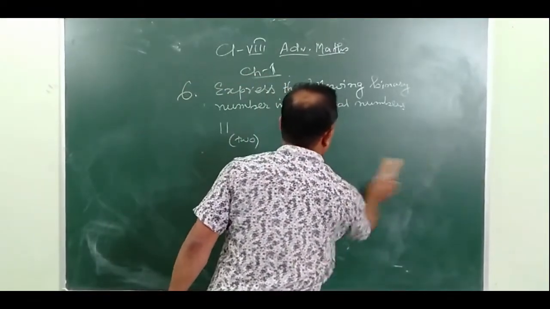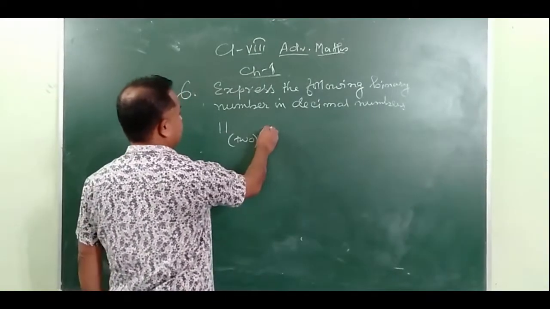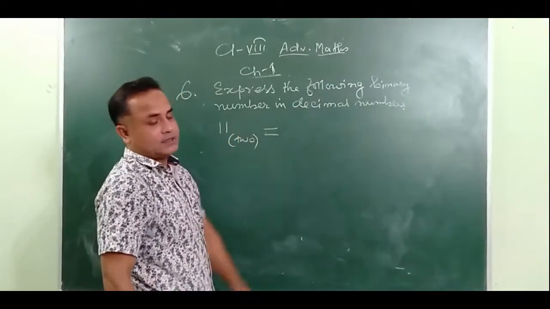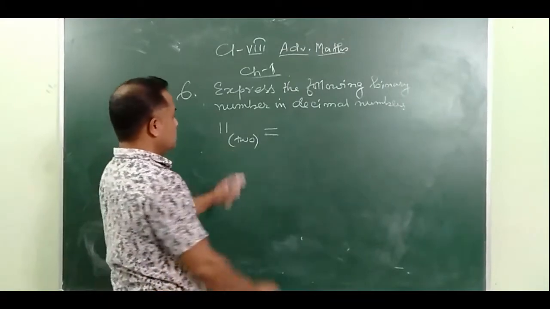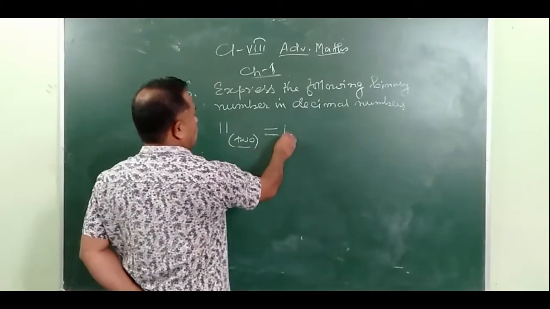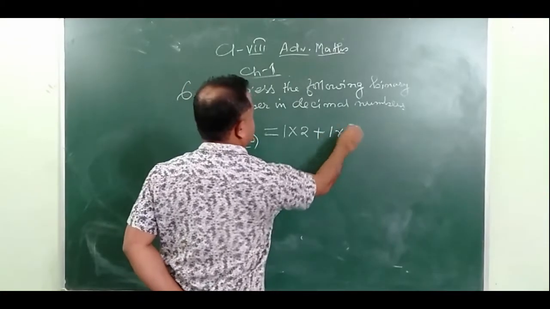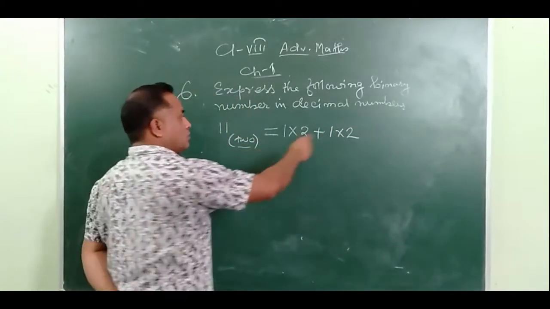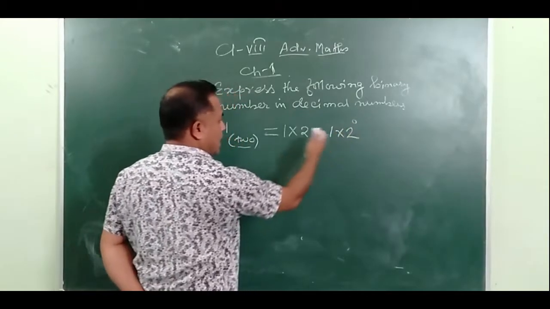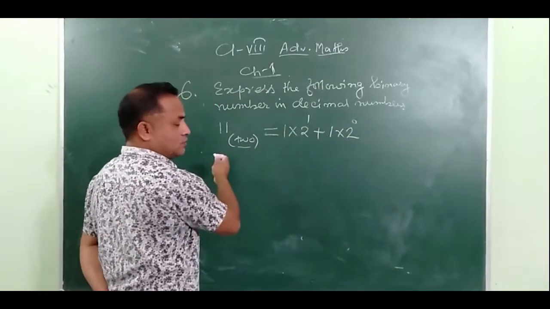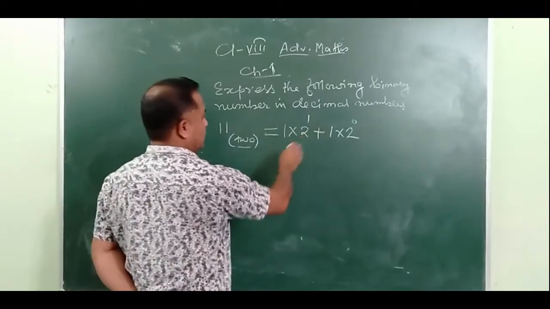Now here we have to convert into decimal numbers. That means the base is 2. 1 into base 2 plus 1 into base 2, and the power should go on increasing from right to left as we proceed in the expanded form.